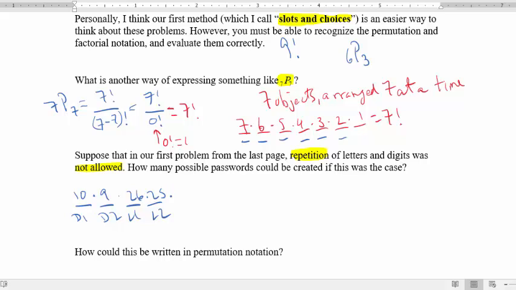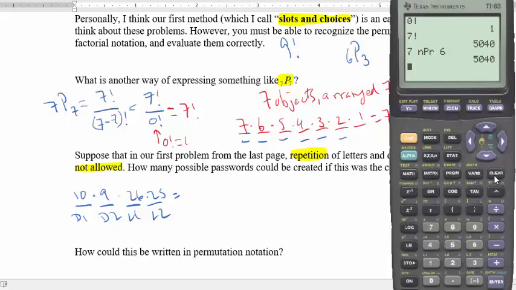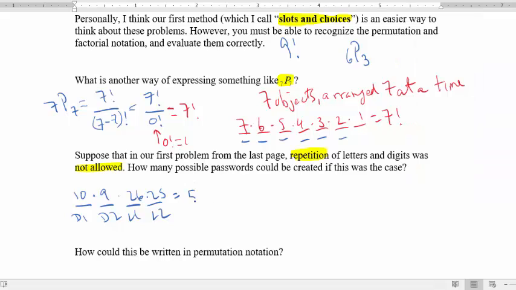So that's actually going to be 10 times 9 times 26 times 25. And 10 times 9 times 26 times 25 is going to give me 58,500.